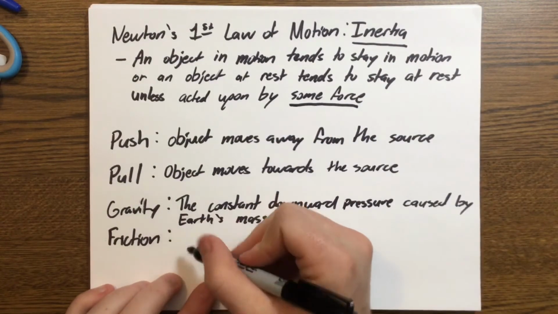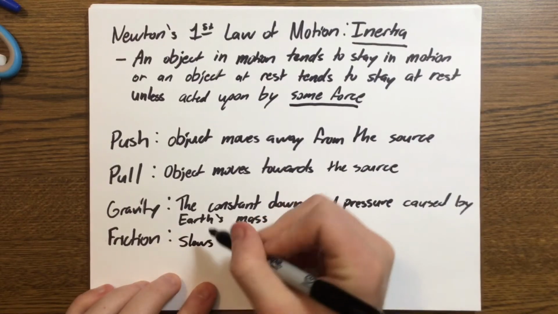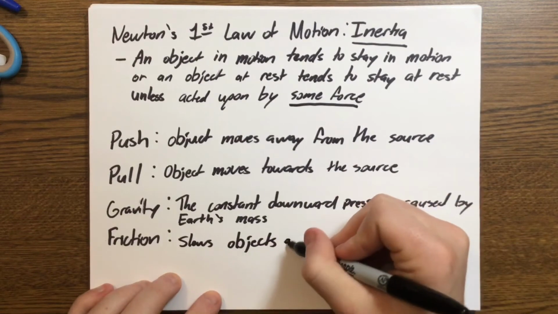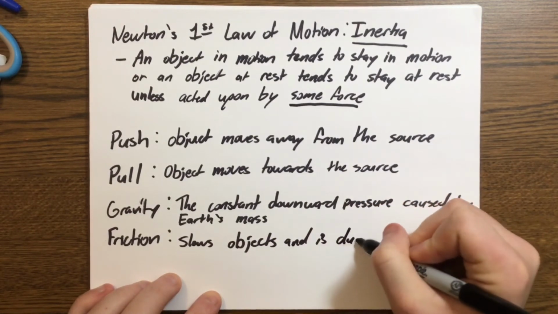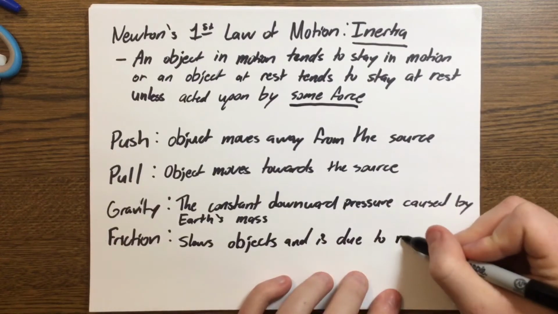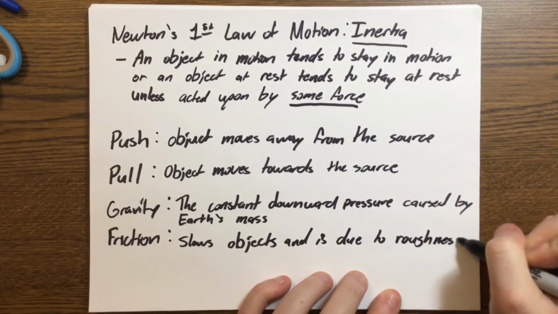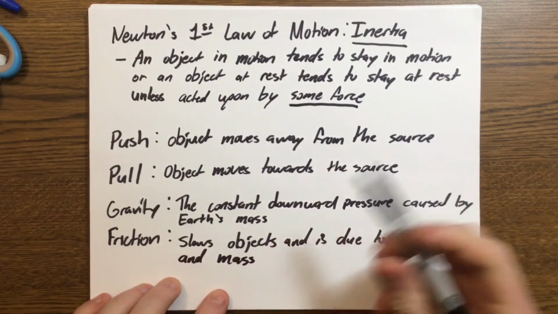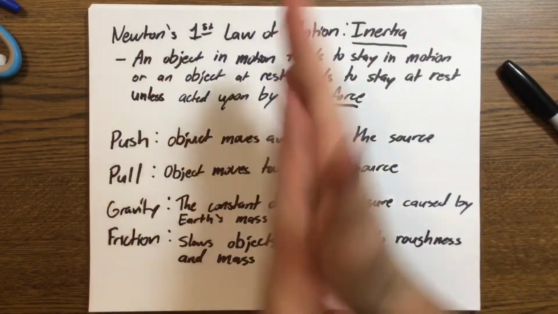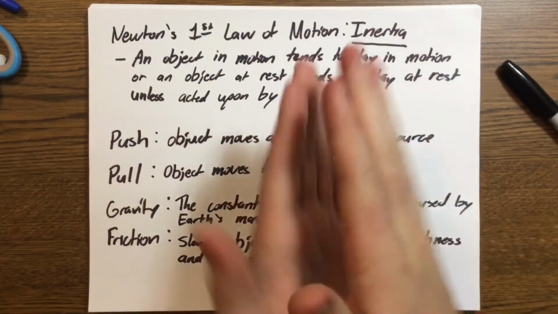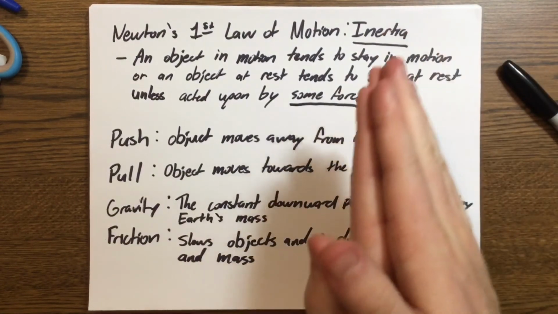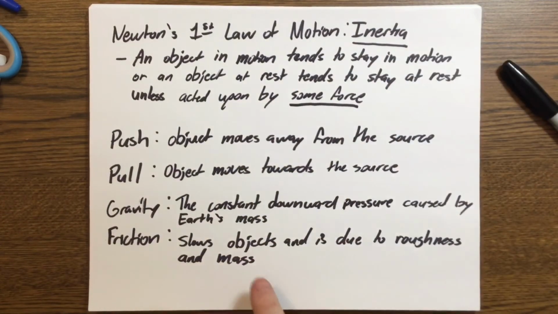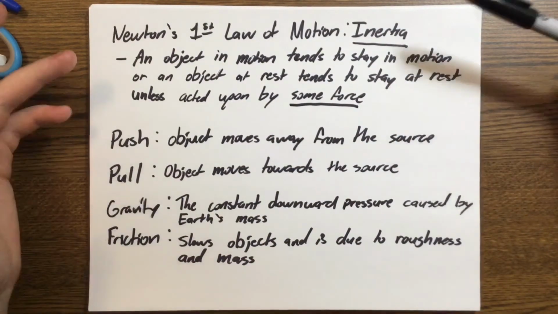And then friction, it slows objects and is due to roughness and mass. So remember, just like how we put our hands together, sliding past them gently, it's really easy. We apply gravity, we push together, and now it becomes harder because that friction is much more because we increased the mass. All right, these are your terms.